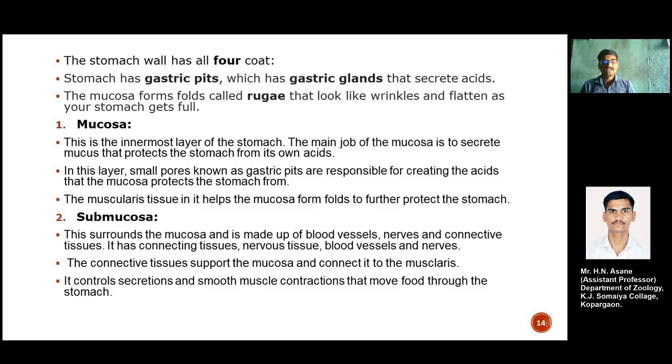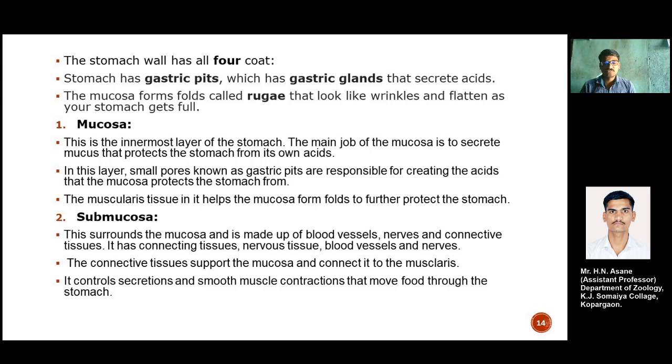The lamina propria is composed of delicate interweaving connective tissue and fibers, connective tissue cells and occasional smooth muscle fibers.